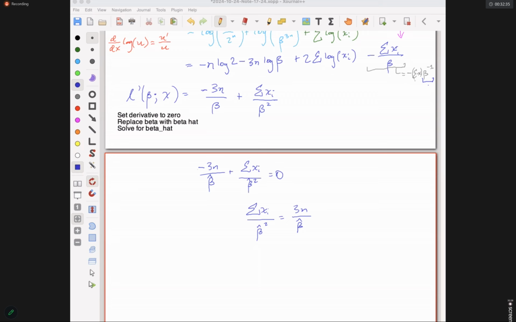We're not looking for a separate theta. Theta just means the parameter, which in our case is beta. What we need to do is algebraically solve this equation for beta hat. So I'm just asking an algebra question. How do we solve this for beta hat? Okay, cross multiply by what?